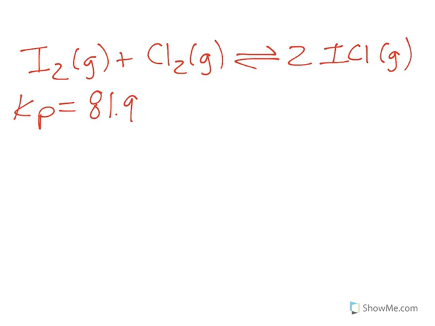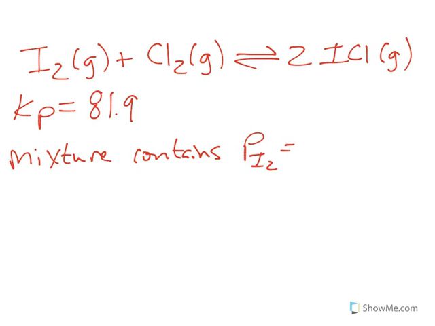All right, so let's say this mixture contains partial pressure of I2 equal to 0.114 atmosphere. Partial pressure of chlorine is equal to 0.102 atmosphere.